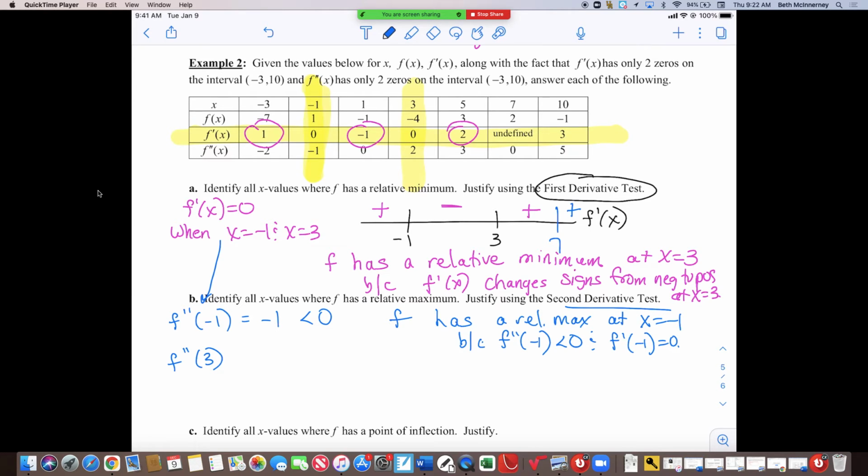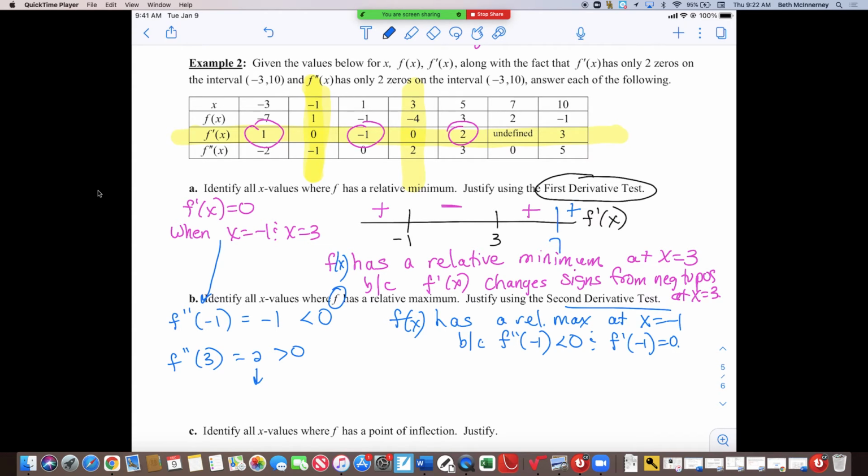Yeah, Daly? Oh, not at all, you can say f of x. They're saying f, so I was just following the notation. Okay. Now, f double prime of 3 is 2, so that produces a relative minimum, but they didn't ask me that.